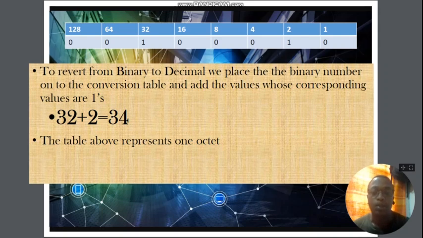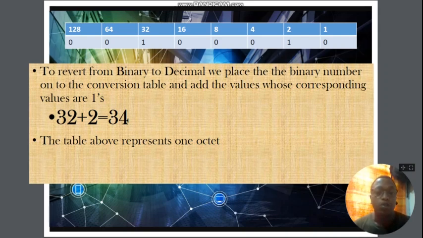So we took 34, minus 32, we got 2, we placed 1 and moved on to 16, and we went down to 2 where it was equal, so we placed a 1 where 2 was. To convert back into decimal, we take the values where 1 occurred. In our case, it's 2 and 32, and we add them up and get back our value, which was 34, which we use in our 4-dotted decimal notation when representing IP addresses in human understandable language.